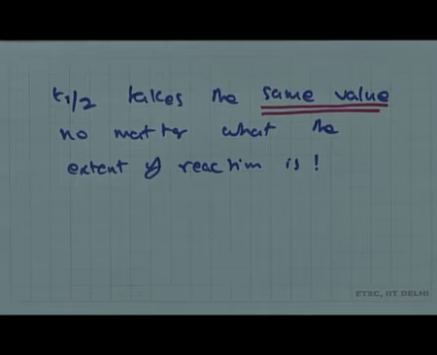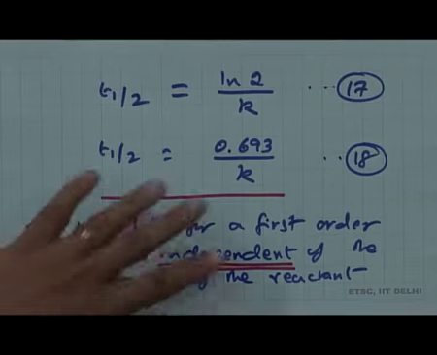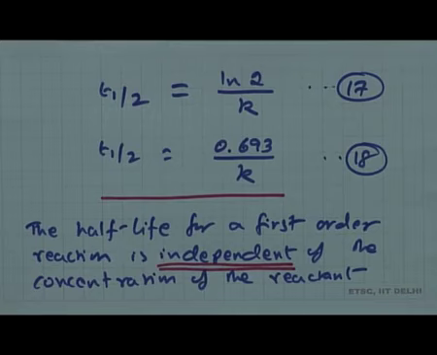All of these T halves have exactly the same value. Why? Because based on what you have derived, it has no dependence on the concentration of the reactant, rather it is a constant given by 0.693 by k. Again 0.693 is a constant, k being that of the reaction is always a constant. So, T half is a constant.